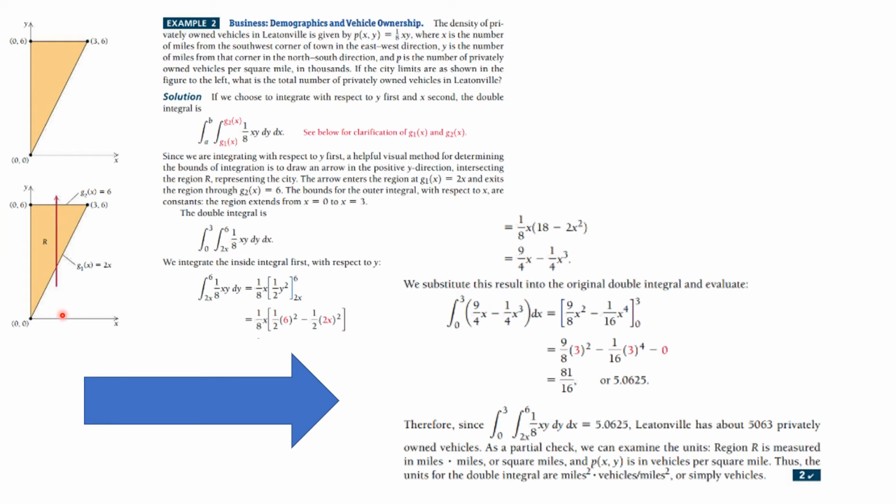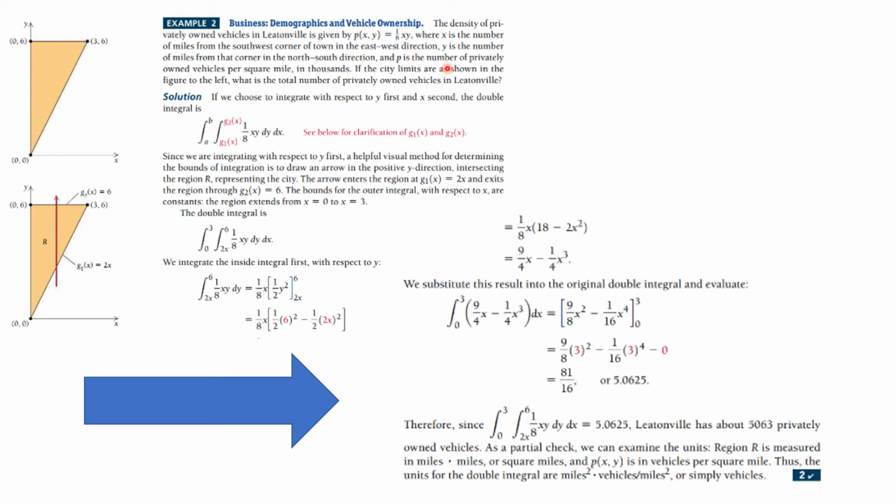So you see, if we fix x, we draw a slice here, and y then is going to go, for any value of x that's fixed, from 2x up to 6. So, let's see, where were we?